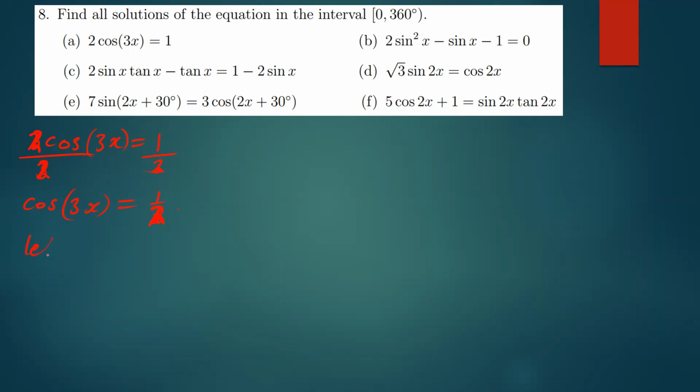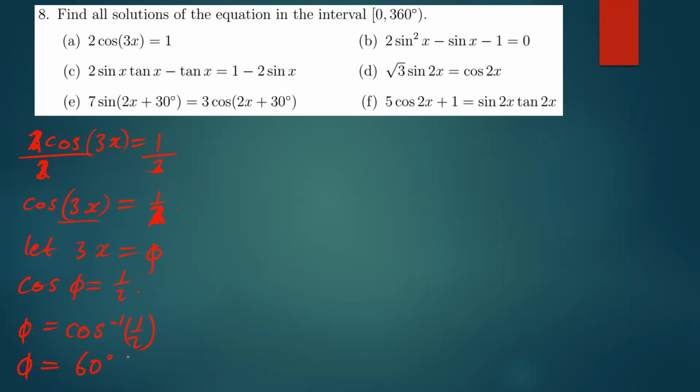So let 3x be equal to phi. Meaning, while there is 3x in this equation, I'm going to put phi. So I'm going to have cos phi is equal to 1 over 2. Hence, to find the reference angle, which is phi, we're going to find the cos inverse of 1 over 2.